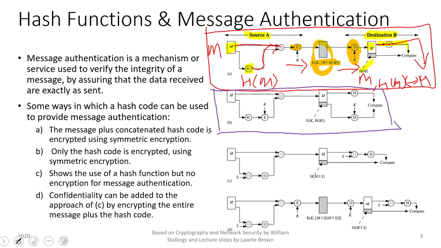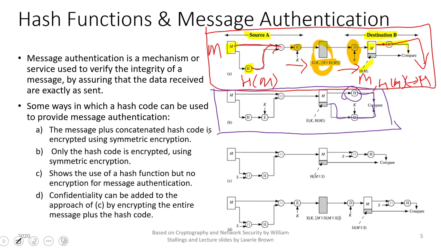Because if we use encryption for the hash, that can provide the authentication and also integrity, because again when we check the hash again from the message, we can compare that and see that there. So that is another approach.